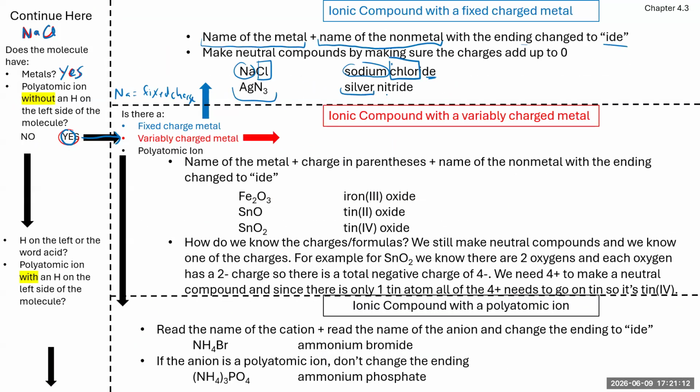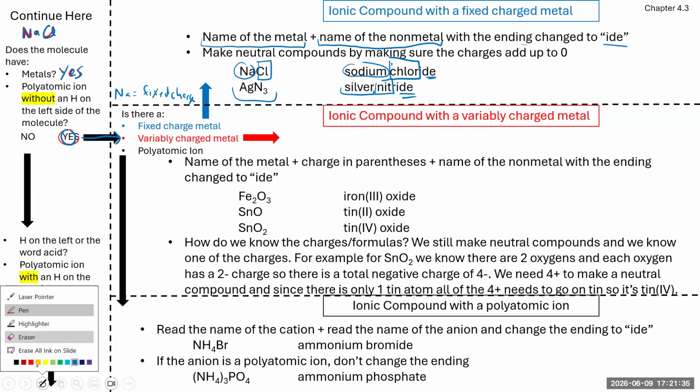Silver and then nitrogen, nitride, right? So again, if it's a fixed charge metal, you're going to just name the metal, name the nonmetal, and change the ending to IDE.